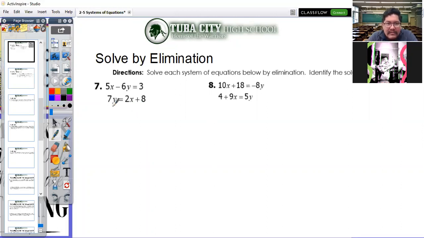So what I'm going to have to do for this is subtract 2x from both sides. And this should give me negative 2x plus 7y, because this is a positive 7y, equals 8. Now they should be in the same order: x, y equals number, x, y equals number.